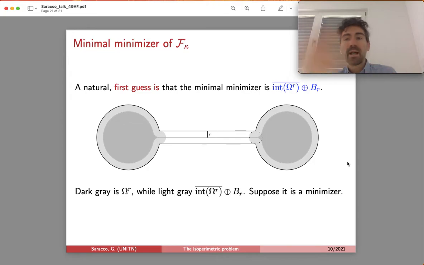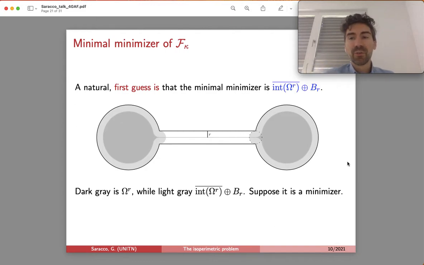A natural first educated guess, the guess we ourselves made, is that the minimal minimizer is the closure of the interior of the inner parallel set, Minkowski sum the ball of radius r. That is, we take the union of all the balls of radius r centered on the closure of the interior of the inner parallel set at distance r.